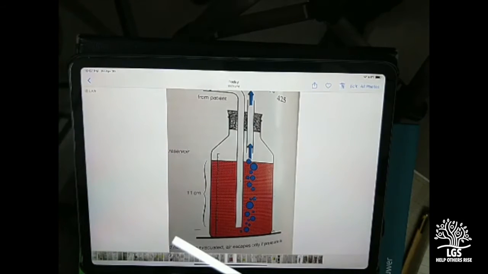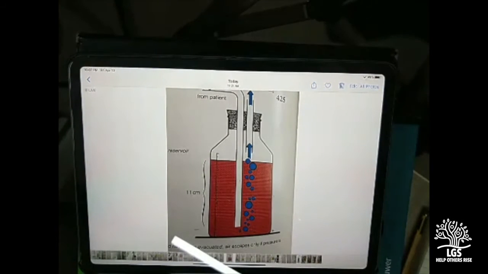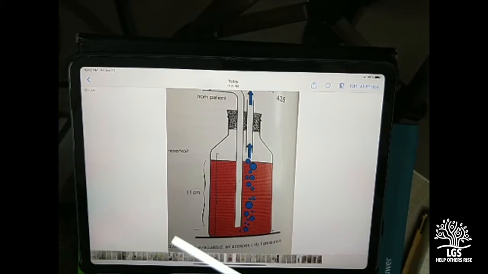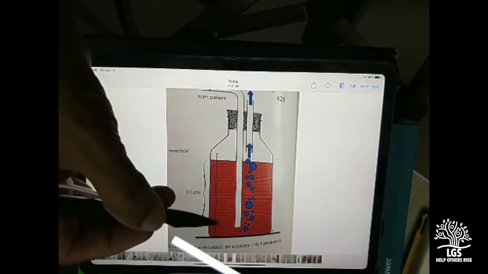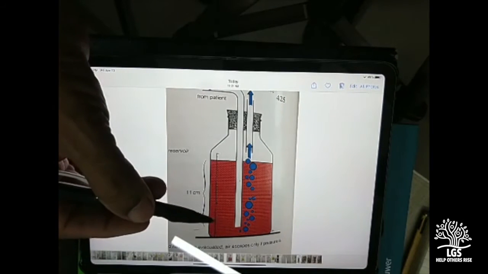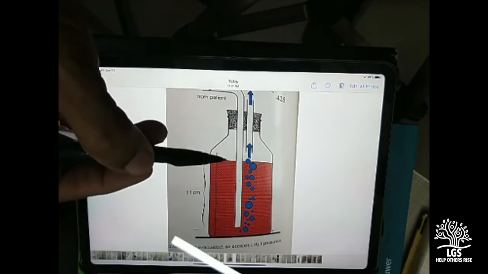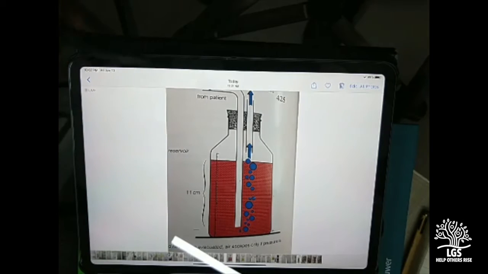So till there is an 11 centimeter pressure generated in the pleural space, the gas cannot come out. I hope I am clear. This is the resistance for intrapleural gas to come out. So there has to be 11 centimeters, which may not rise. So you have to keep emptying the bottle.